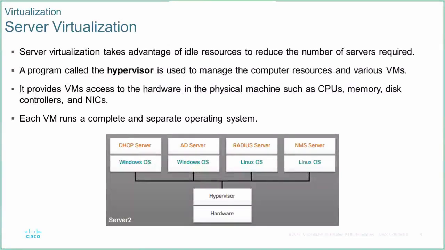Remember, we talked about the three elements of an operating system being the GUI, the kernel, and then the hardware. So within each of these individual virtual machines, the operating system still has that kernel in it, but instead of talking directly to the hardware, it now talks to the hypervisor, which is what it sees as its hardware.